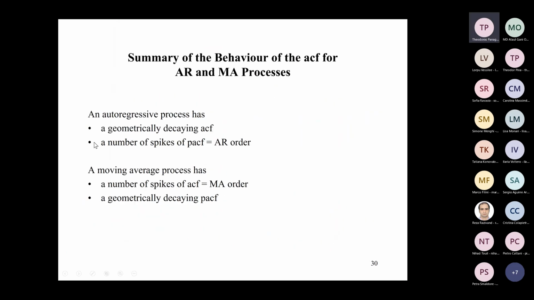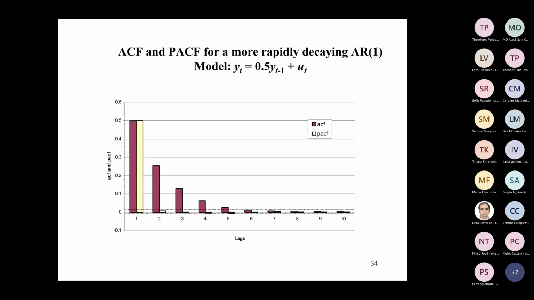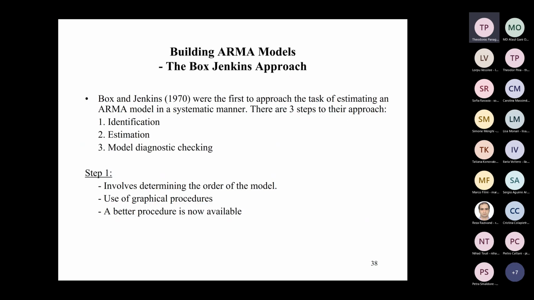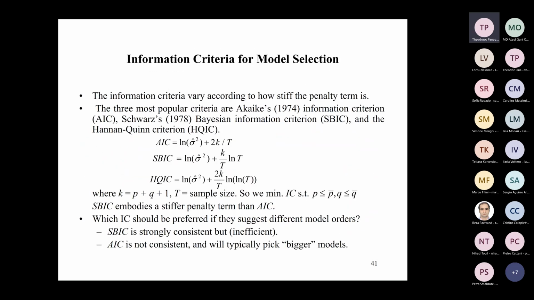Now, when it comes to comparing models, you can estimate more than one model. You can estimate autoregressive models, moving average models, and mixed models. When it comes to comparing, you need the information criteria.